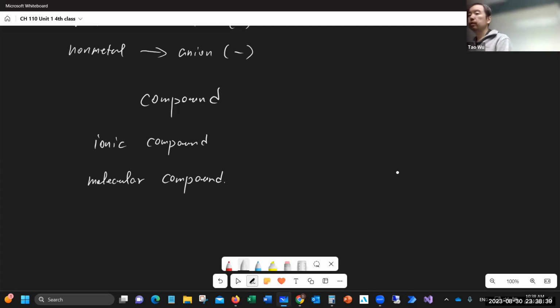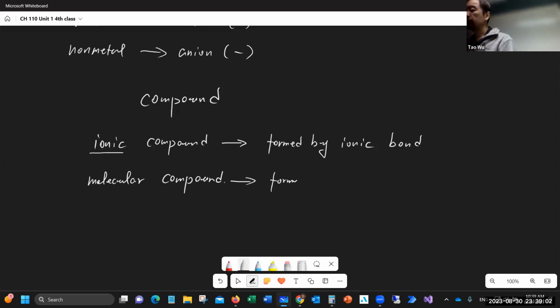Ionic compounds are called ionic because they are formed by ionic bonds. The molecular compound is not formed by a molecular bond, it's called a covalent bond.